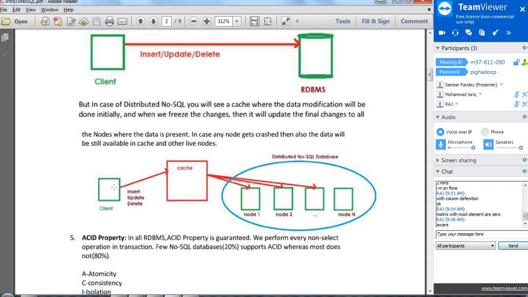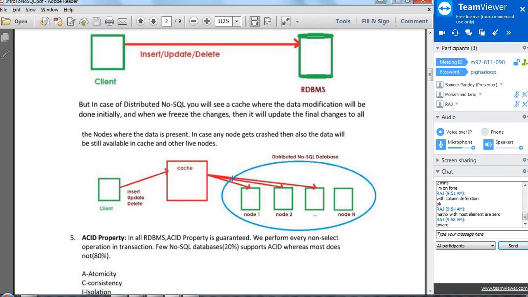Through the HBase shell, suppose you are performing some operation on data. It won't perform the operation directly on these nodes. It maintains a cache in between, a cache storage where it performs the operation.